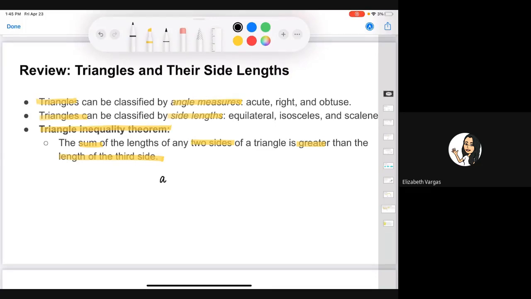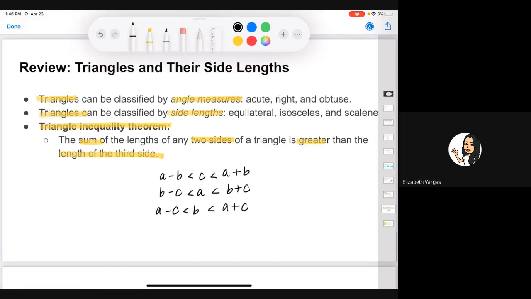Again, my side is greater than the difference and less than the sum. Okay, any questions?